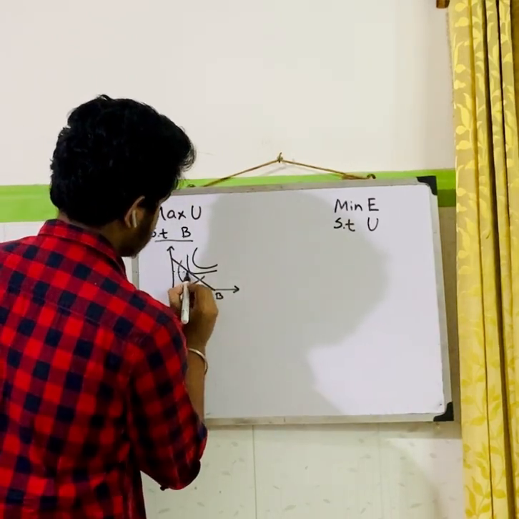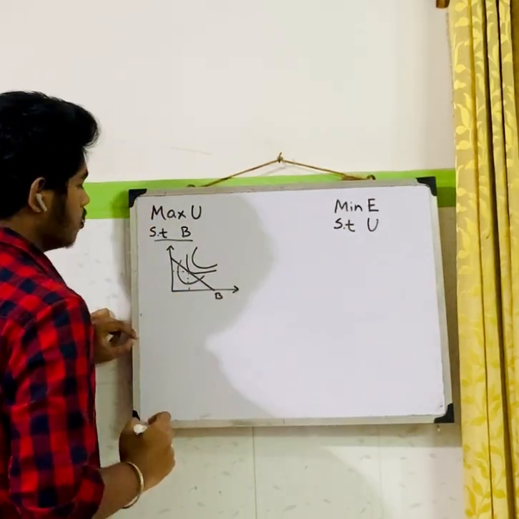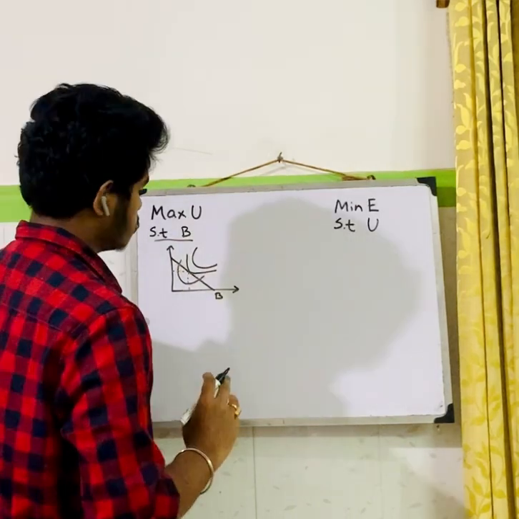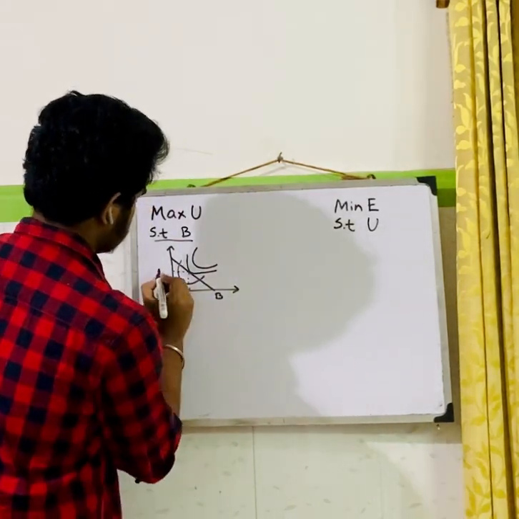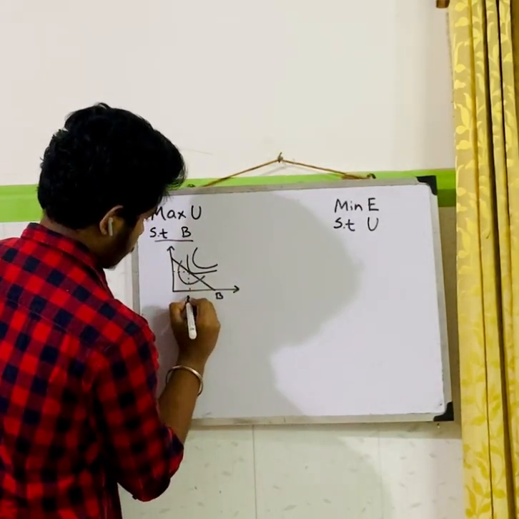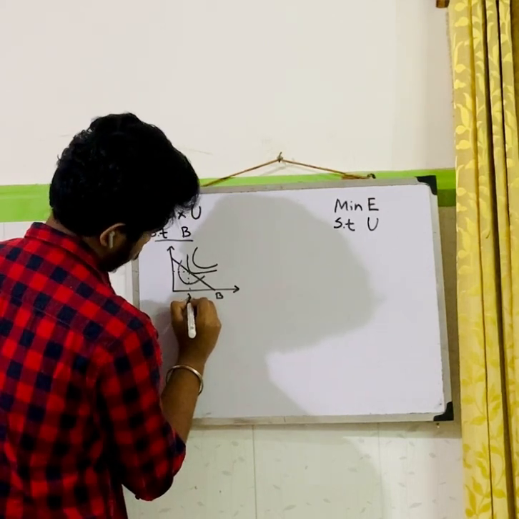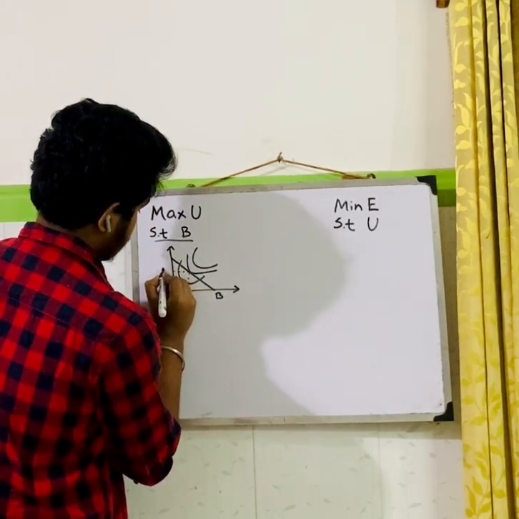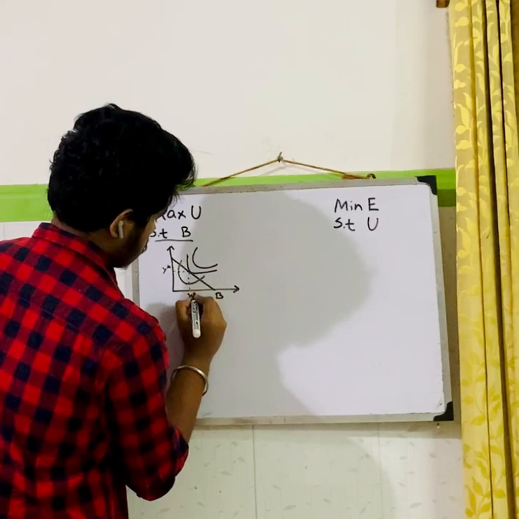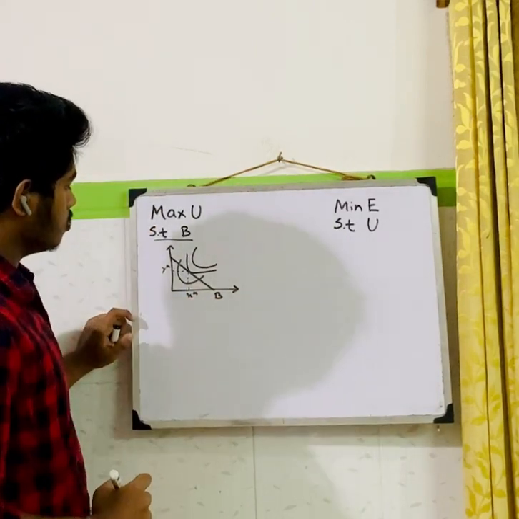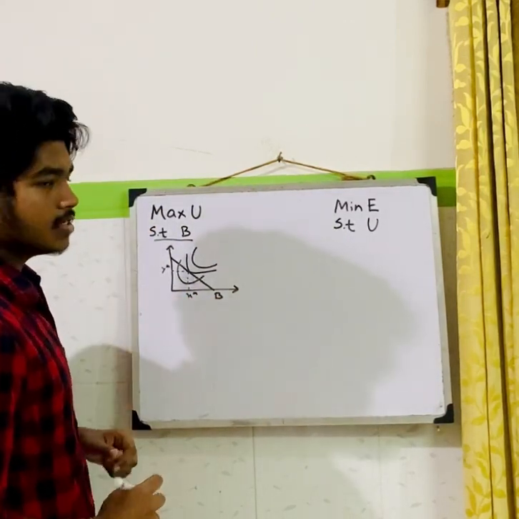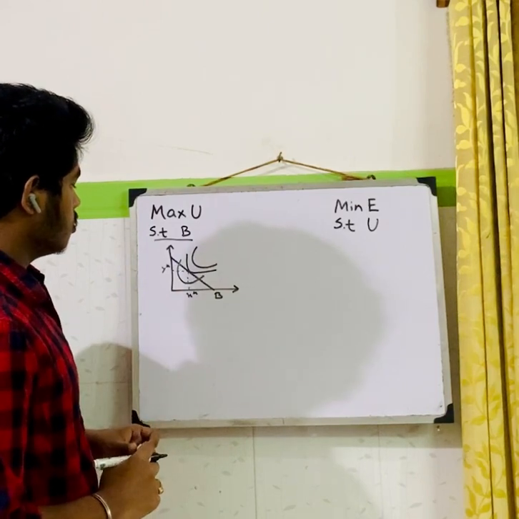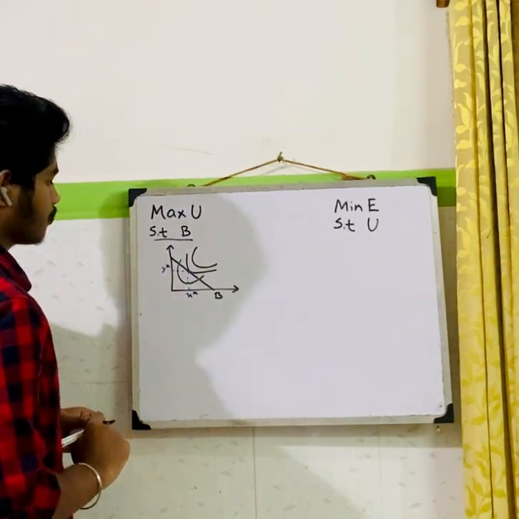So this is our optimum solution, right? So this is our Marshallian demand.